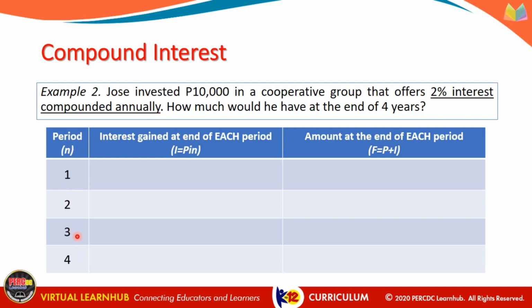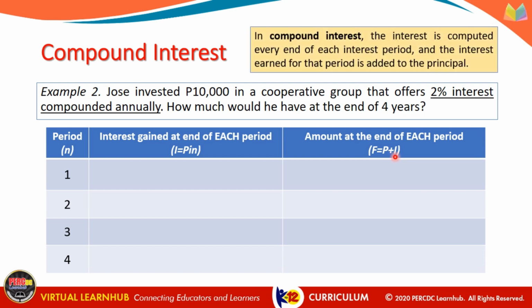In the first column, we have period N, 1, 2, 3, 4 for first year, second year, third year, and fourth year. For the second column, we have interest gained at end of each period. Interest is equal to P times I times N. At the third column, we have amount at end of each period. Future value is equal to principal plus the gained interest.